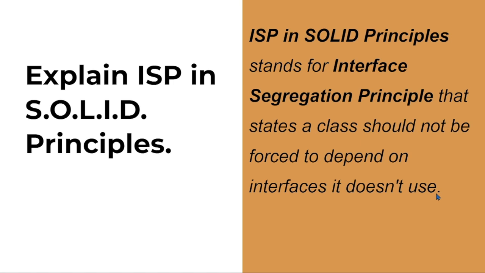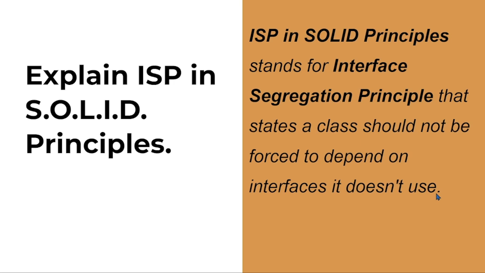Let's say IDrawable for the Draw function, then IAreaCalculatable that gives double CalculateArea, and then a next interface, IPerimeterCalculatable, that provides the CalculatePerimeter function. And now whichever class is going to implement this functionality can implement these interfaces.